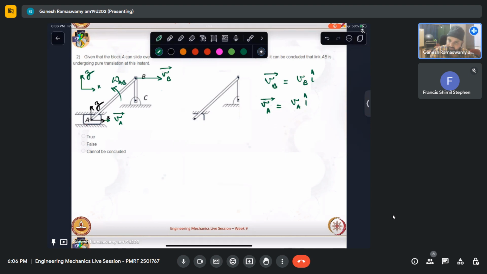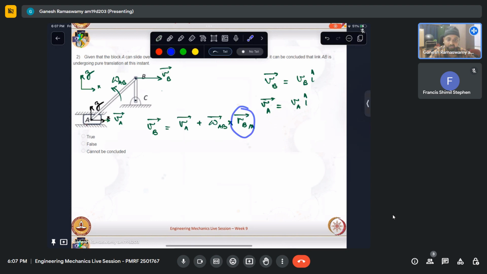We are just assuming it to exist, and then we will see whether it actually exists or not. So the velocity of B can be written as velocity of A plus omega AB crossed with RB with respect to A, where RB with respect to A is the position vector of B with respect to A.